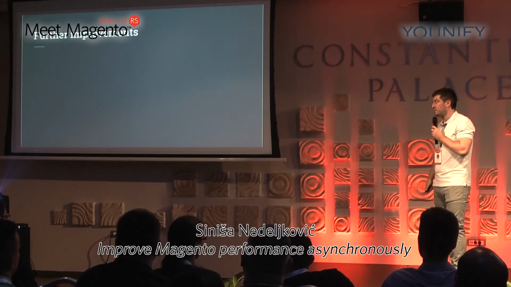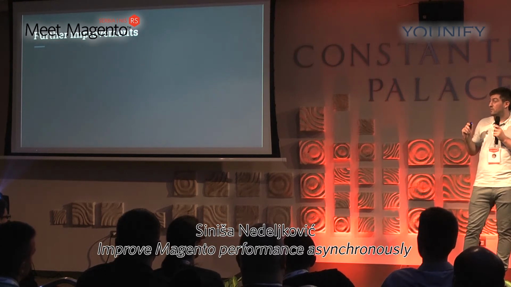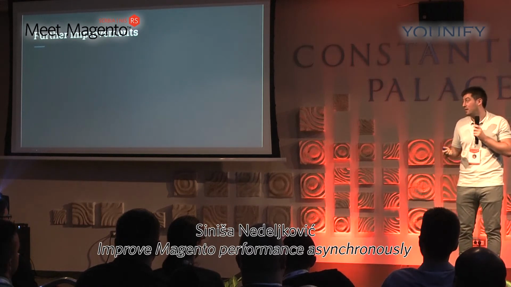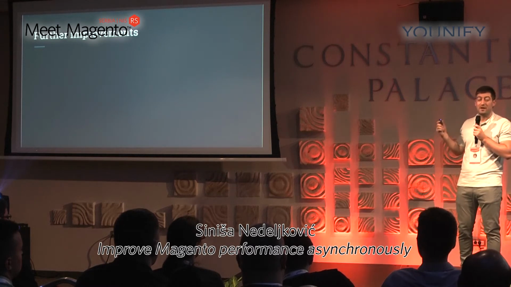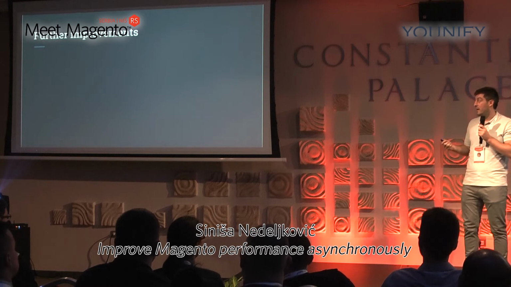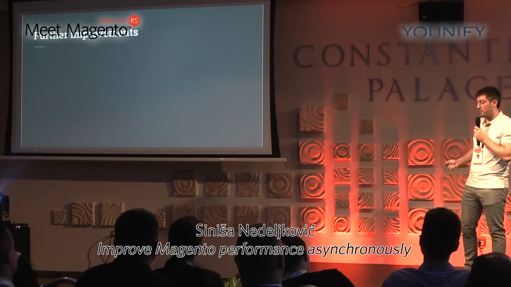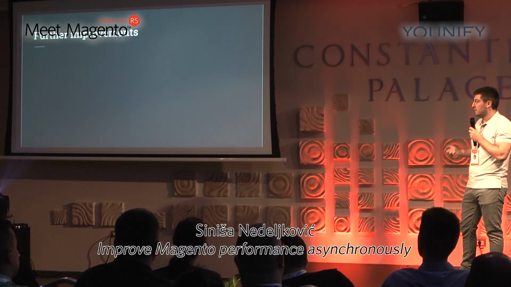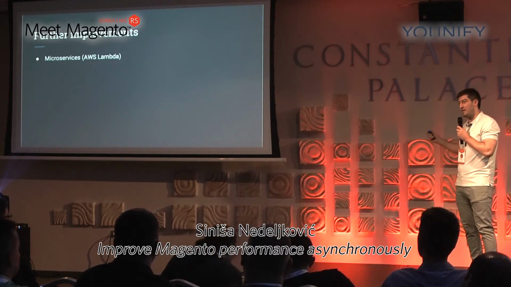Further improvements. Just to mention one thing, no matter if you need to process your data in parallel, it's always good to architect your solution with that in mind. Because at some point your shop can grow, and it's always good to be prepared from the beginning. Regarding further improvements, I mentioned some things which can be used. It's, for example, microservices. If you remember from one of the previous slides, I mentioned decoupling.